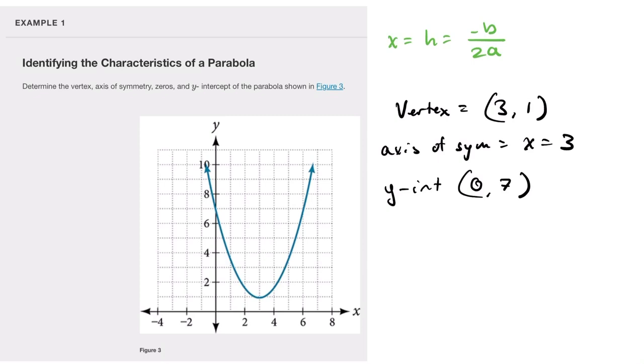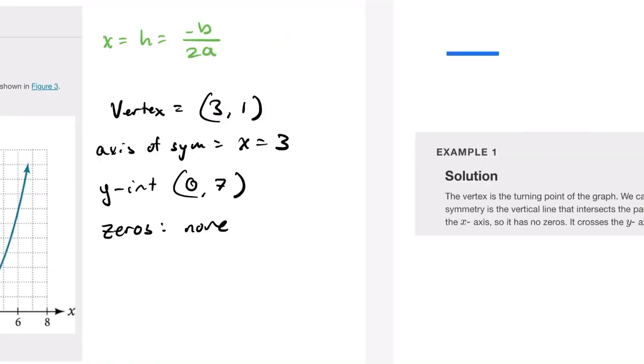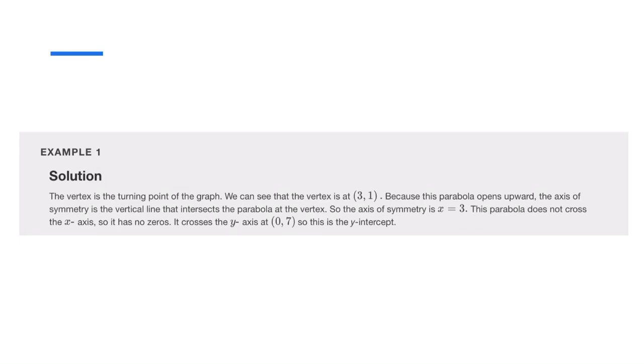So the vertex is (3, 1), the axis of symmetry is x equals 3, no zeros, and the ordered pair (0, 7) is the y-intercept.